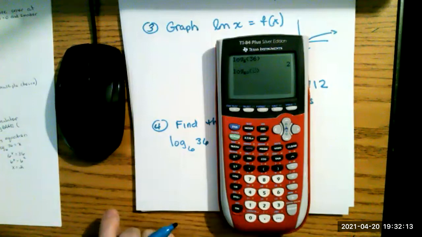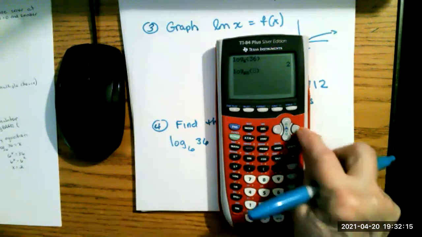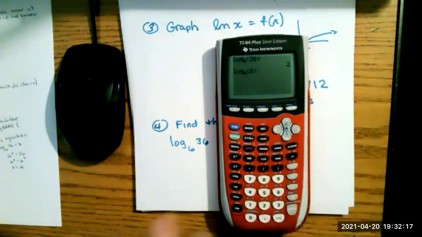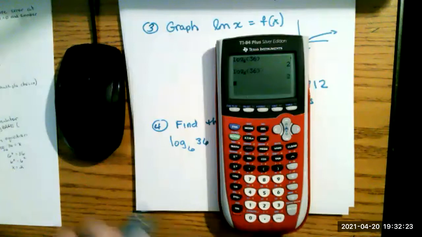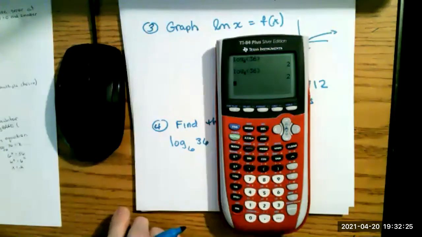So you put in a 6 there. And then you use your arrow to make it blink on the big square. And then you put your 36 in there, and then you hit enter and it'll give you the 2. Did you get it? Yes, ma'am. Thank you.